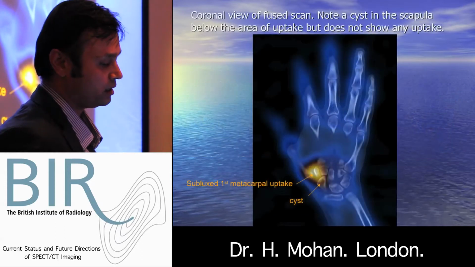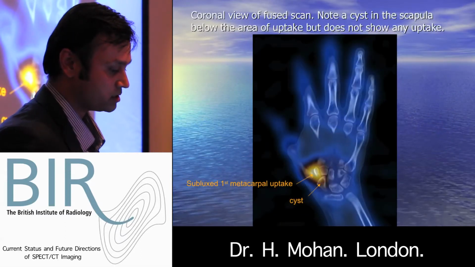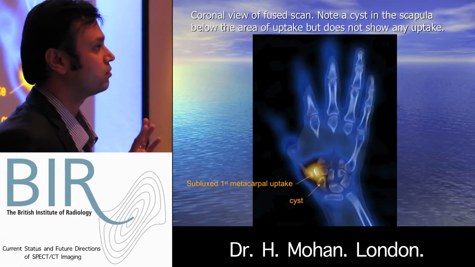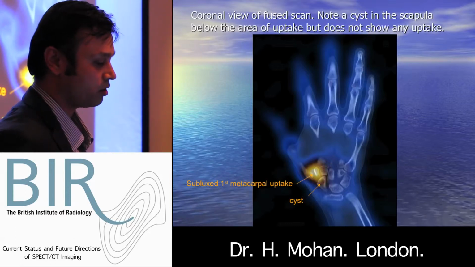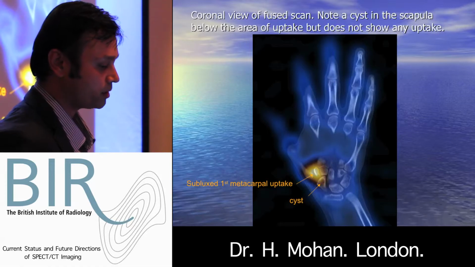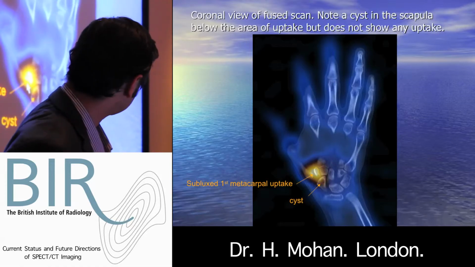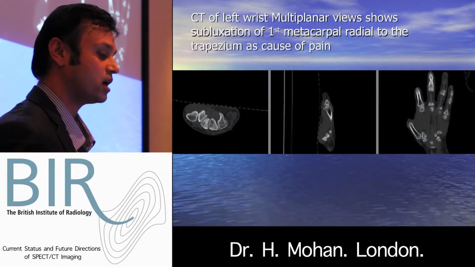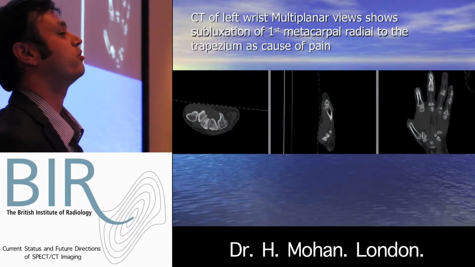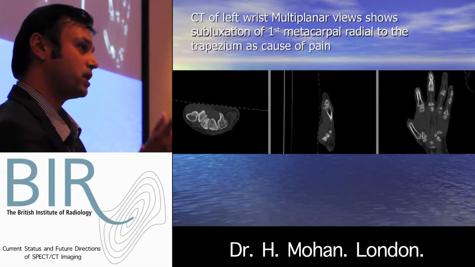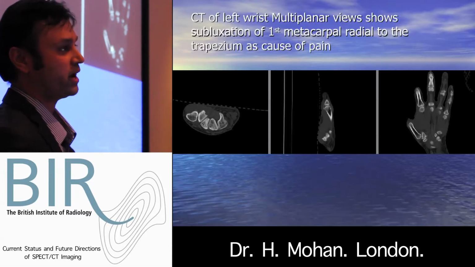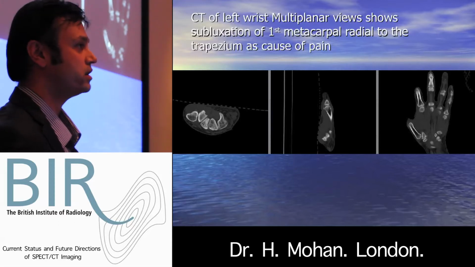And on the CT images, as you can see, there is a cyst within the scaphoid. Now, is that the problem, or in fact the problem epicenter lies slightly higher up, where there is a subluxed first metacarpal? So following the traumatic event, there is a subluxation, and therefore, in association with the soft tissue, there is a bony reaction as well that you're seeing, which is the reason for the pain.